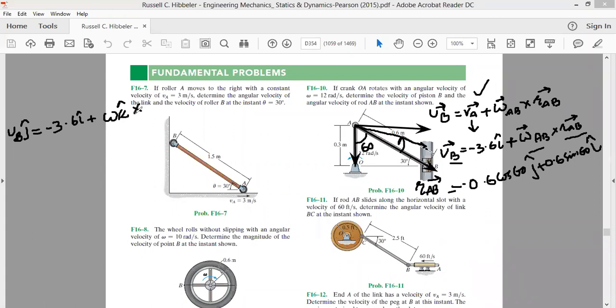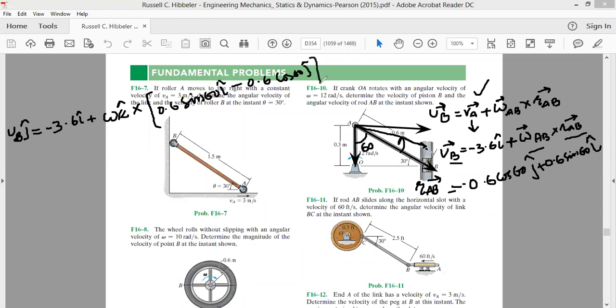Its cross product with RAB. RAB is equal to 0.6 sine 60 i cap minus 0.6 cos 60 j cap.